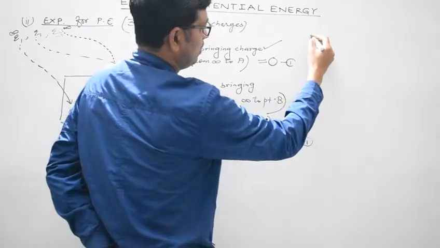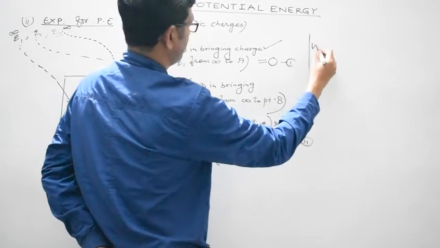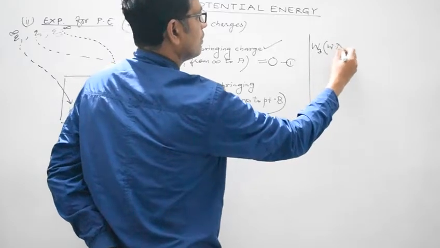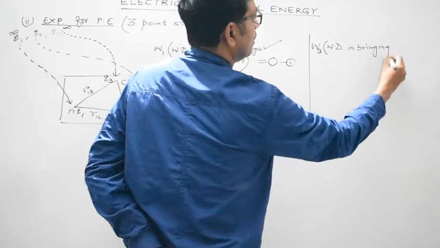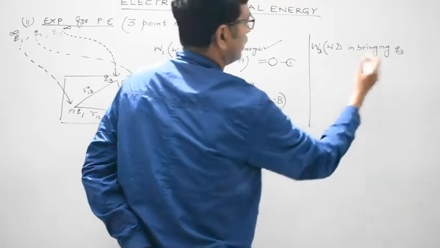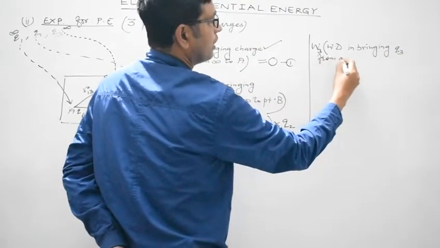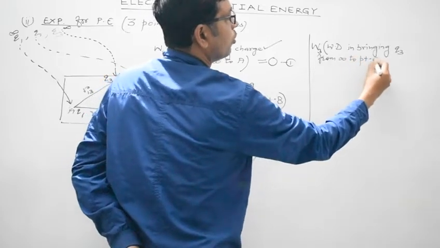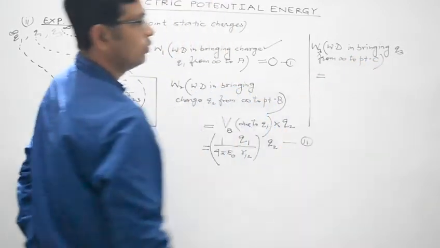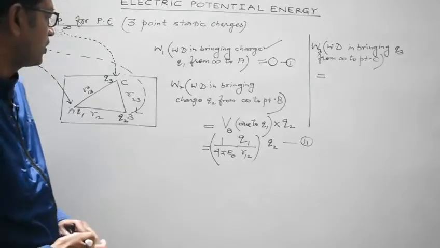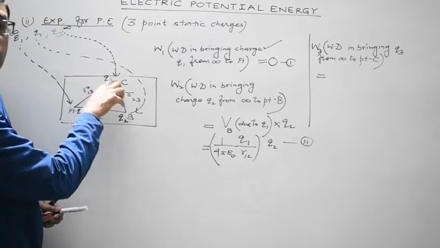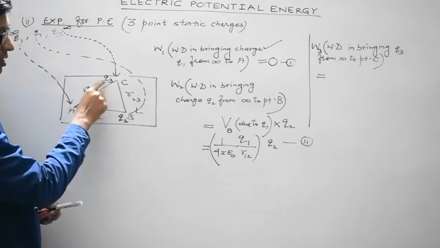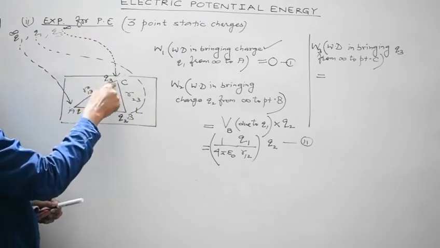So, work done in bringing charge Q3 from infinity to point C will be equal to, again we will make use of the same expression, potential at point C, which is given by work done per unit charge in bringing that charge from infinity to that particular point.